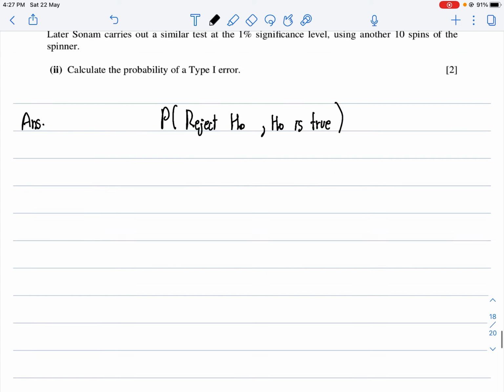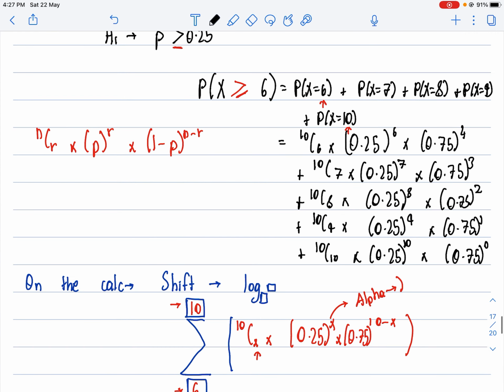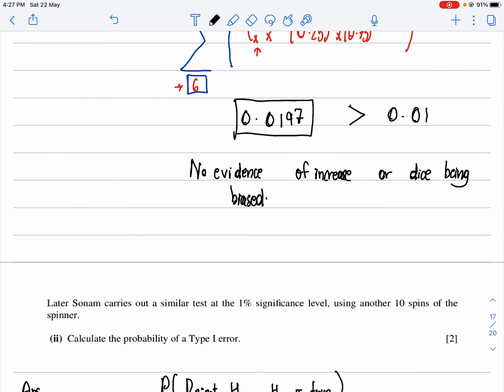That means the probability of the critical region, the area of rejection you can call it, is the probability of a type 1 error. So we saw when this was more than or equal to 6, you got no rejection.